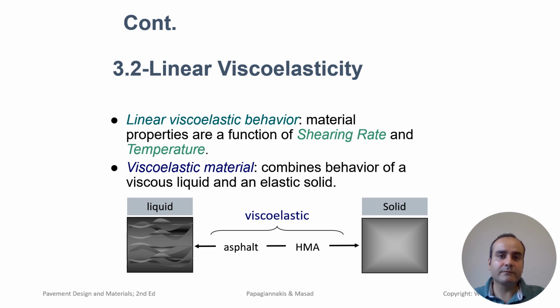The proportion of viscous and elastic behavior depends on the temperature and shear rate. When designing pavements, we need to understand how this balance shifts to ensure that pavement performs well in both hot and cold climates, as well as under varying traffic loads.